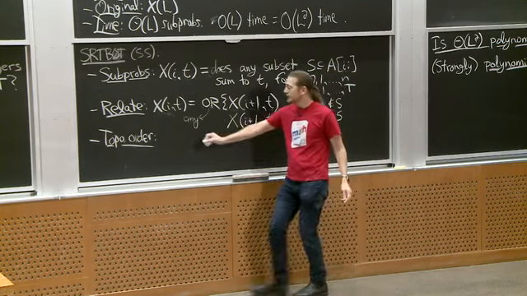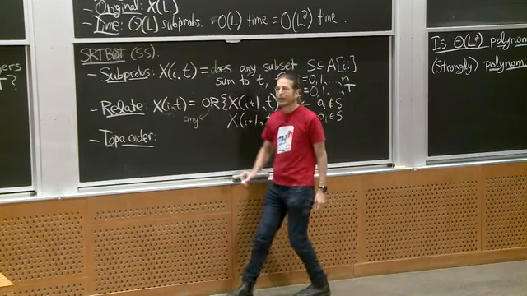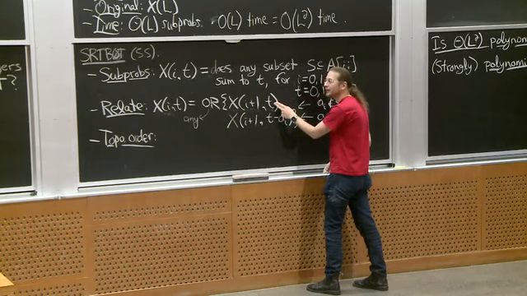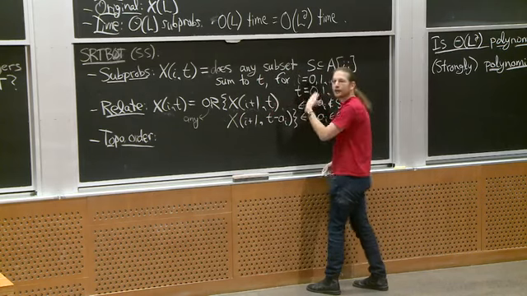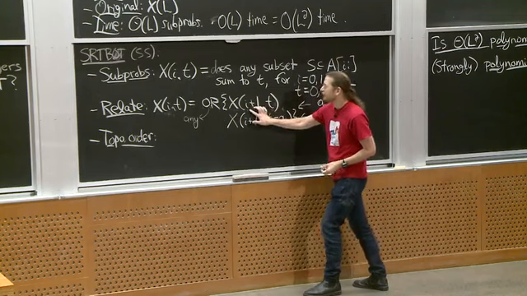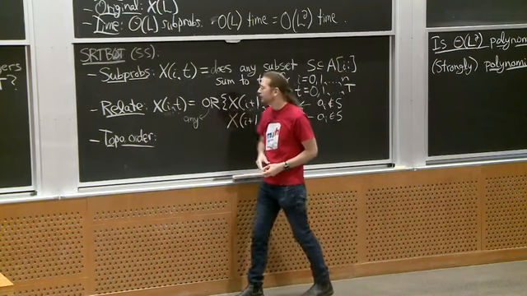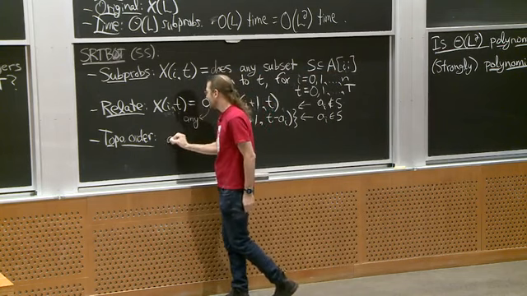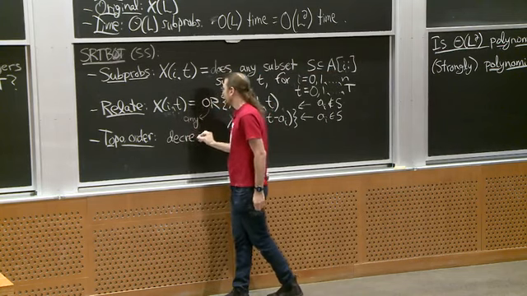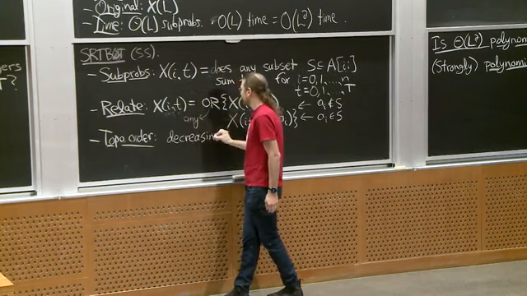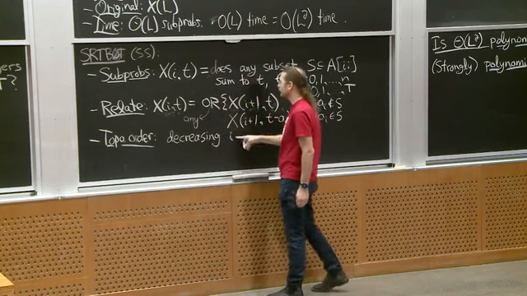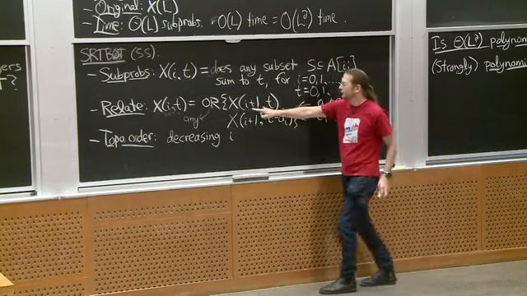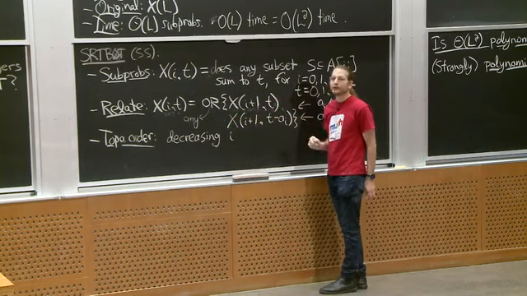So if I wrote decreasing t here, that would be bad, because sometimes I call with the same value of t, and I want to ensure that this has already been computed when I try to compute this. So i is the right thing, and we should say decreasing i. It doesn't actually matter how we order with respect to t. Just any order that is decreasing i will be good, because these function calls always increase i.